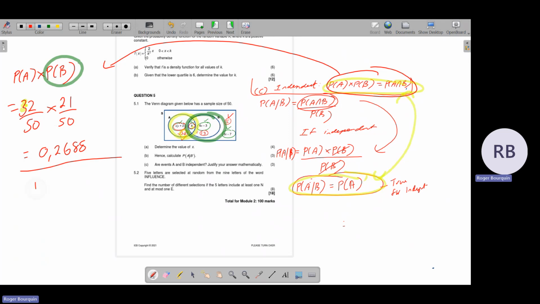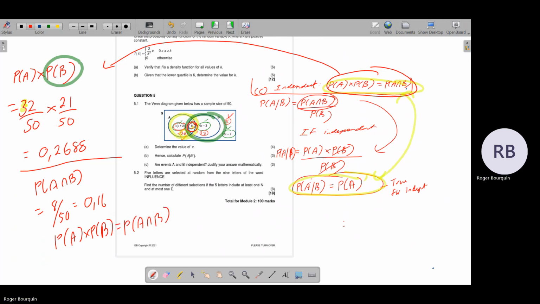And if you compare that to the probability of A and B, the number of things in A and B is 8, so it'll be 8 over 50, which is 16%, which is 0.16. So therefore, they're not equal. The probability of A times the probability of B is not equal to the probability of A and B. So therefore, they're not independent.